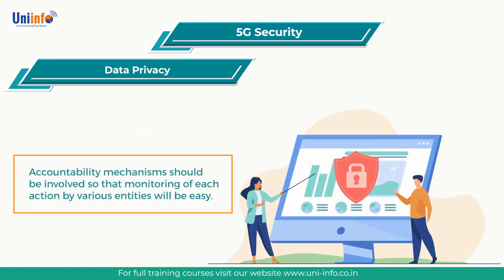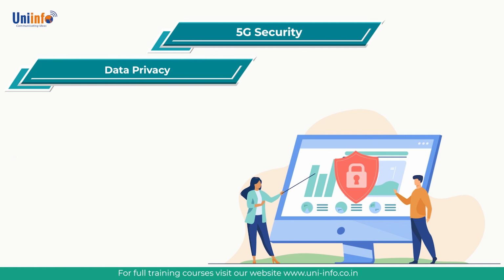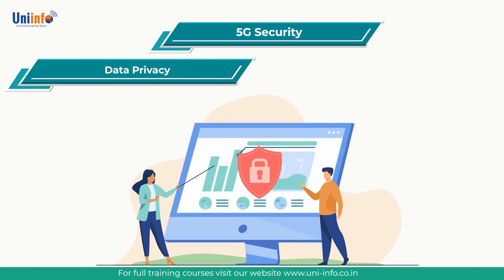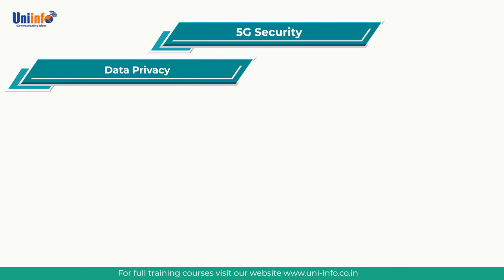Accountability mechanisms should be involved so that monitoring of each action by various entities will be easy. Data minimization techniques should also be taken into account, such that companies, service providers, or third parties limit the data they collect and retain, and dispose of it once they no longer need it.